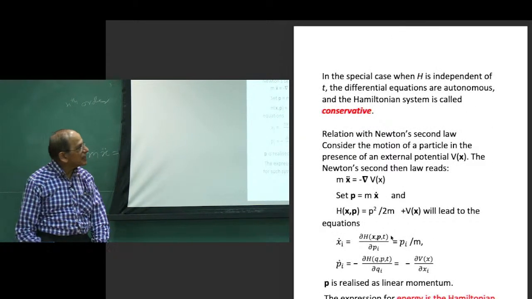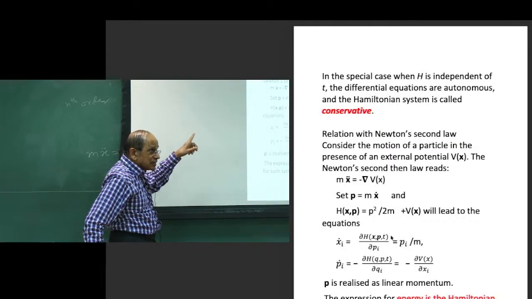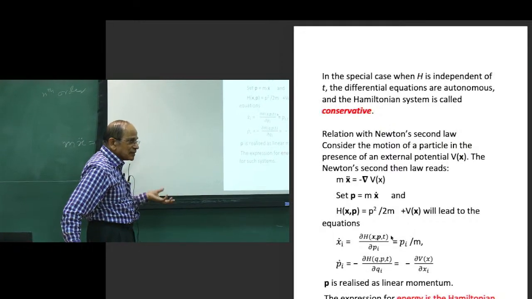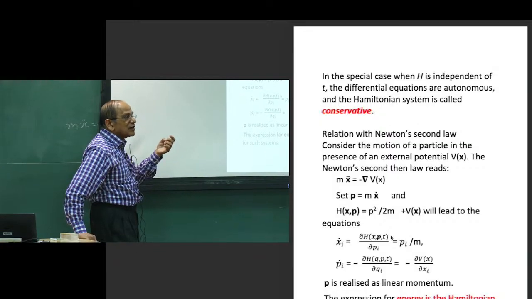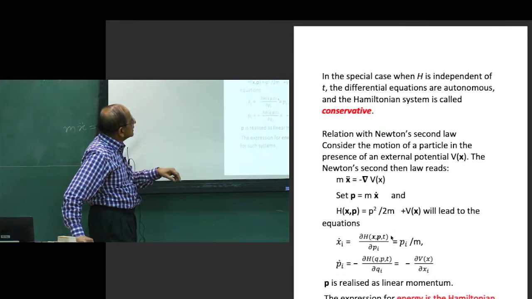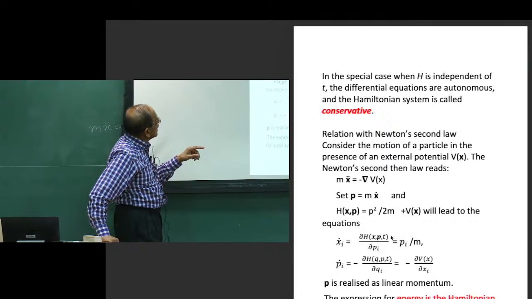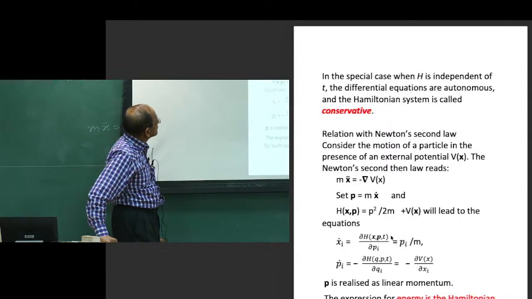If the Hamiltonian, that function H whose derivatives we are using, is time independent, then the differential equation is autonomous, and then we will later see that on every integral curve, on every solution curve, the value of H is preserved, and therefore we call that system a conservative system.